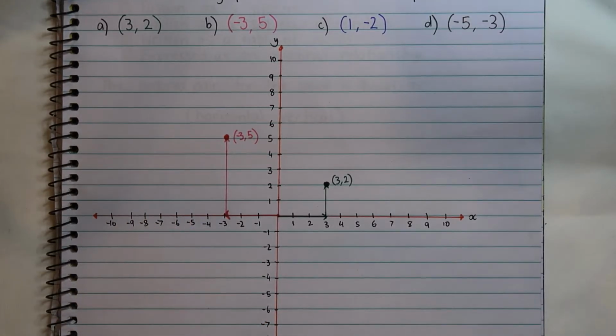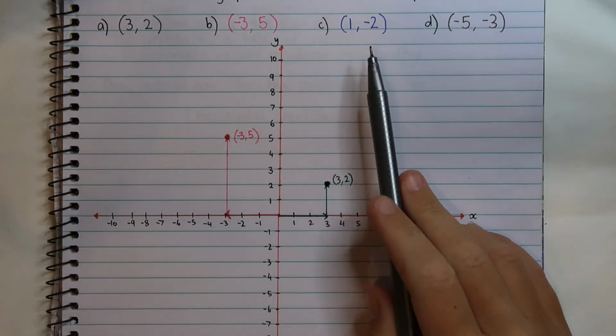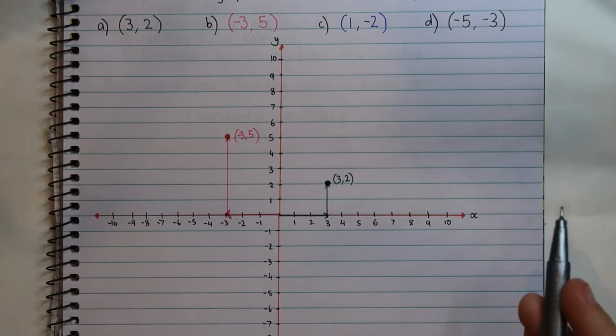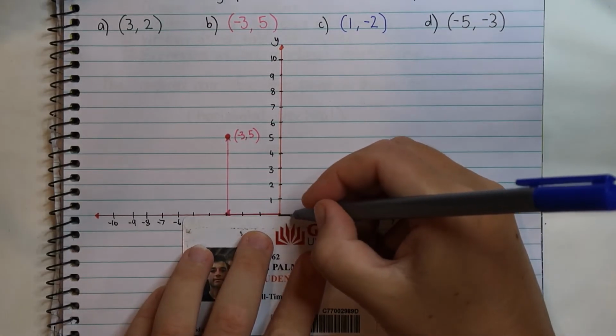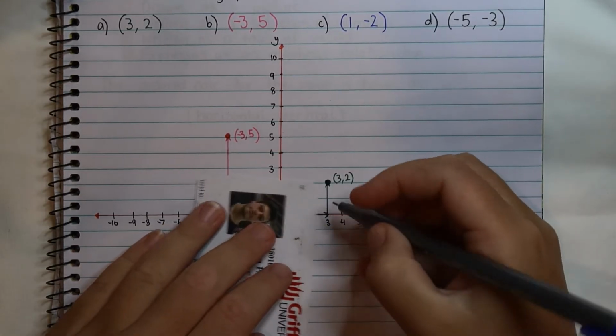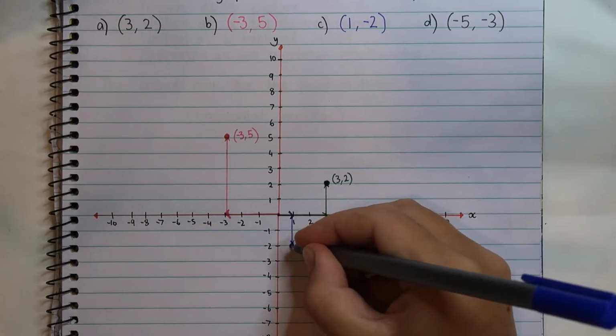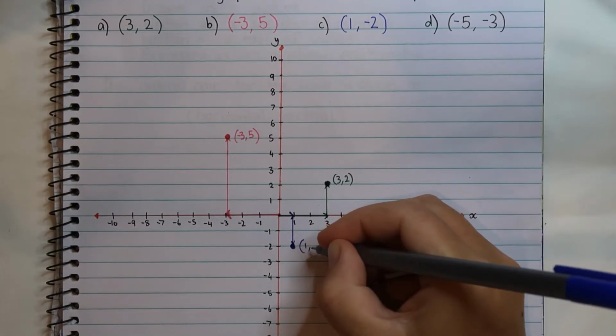So let's see where this one's going to be put. So we've got 1 and -2. So we are going to be going across 1, and then we're going to go down 2. So our point is going to be 1, -2.